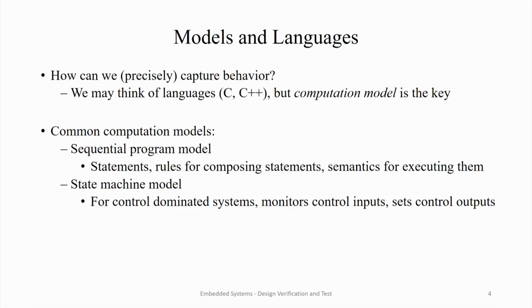Using C and C++, we are using the sequential program model, which has statements or instructions, rules for composing those statements to express a complete behavior, and semantics for executing them. Semantics means that certain sentences, although grammatically correct, can be used only in a particular context. It also allows us to iteratively and conditionally execute those statements. This is essentially the sequential program model.